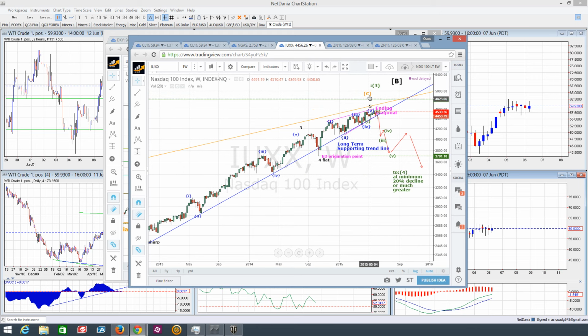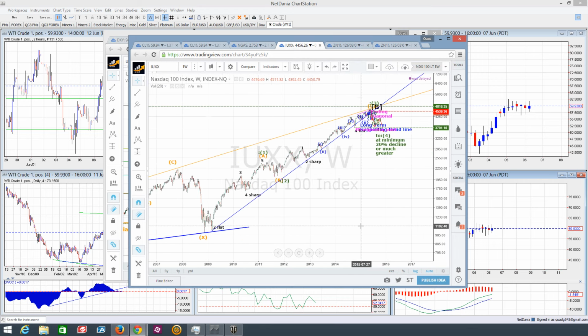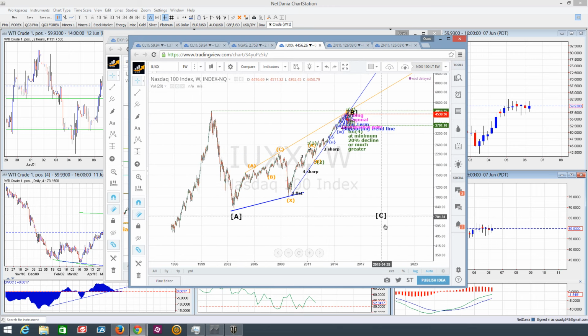If this is a wave C of a major B, then I guess Armageddon is going to start somewhere in here, and you're going to see the stock market crater into wave C, which could possibly be all the way down here below wave A at 700 some odd points.